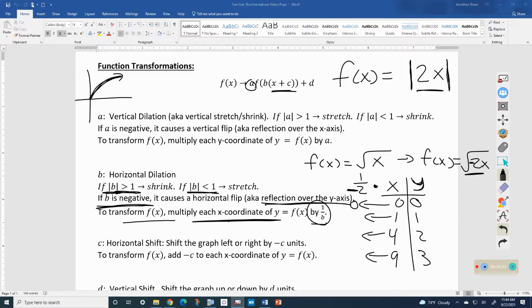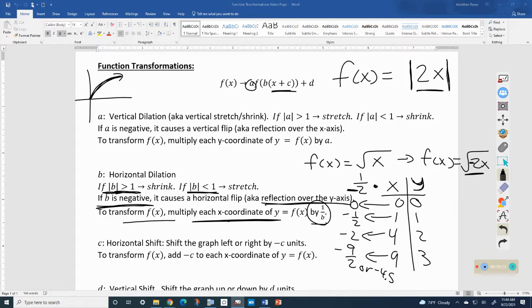Negative 1/2, right? What's 4 times negative 1/2? Negative 2. What's 9 times negative 1/2? Negative 9 over 2, or we might say negative 4.5.